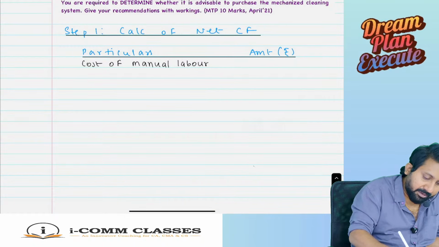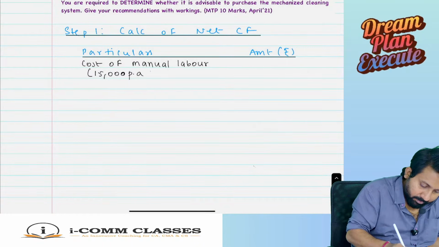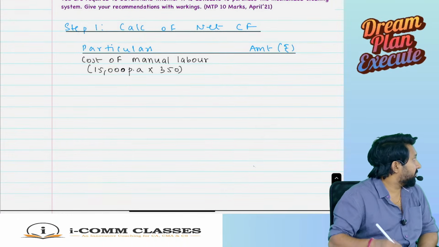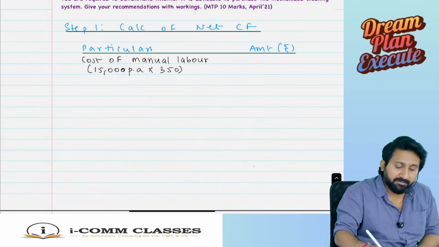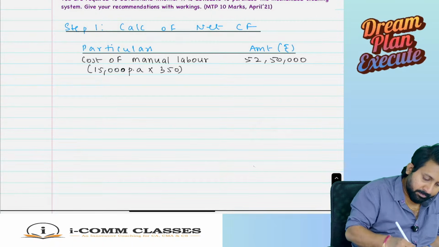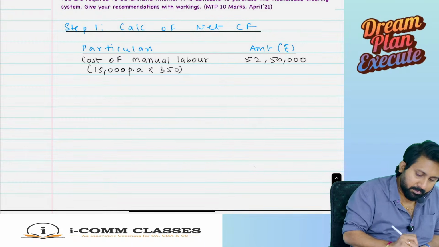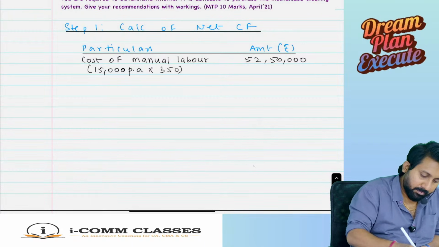Cost of manual labor: 15,000 per annum into 350 people. Tell the value. 52 lakh 50,000. Next one.